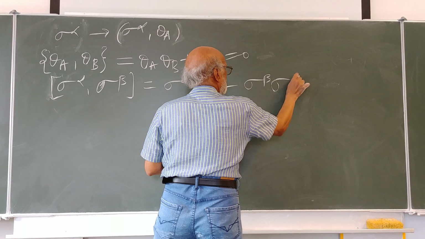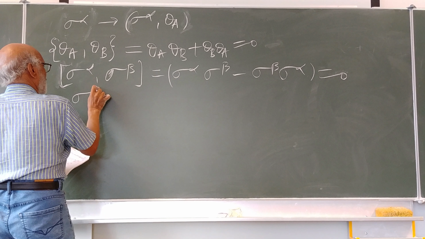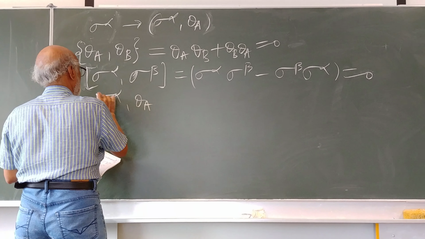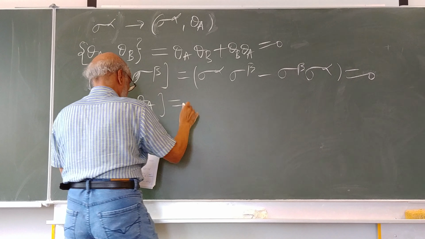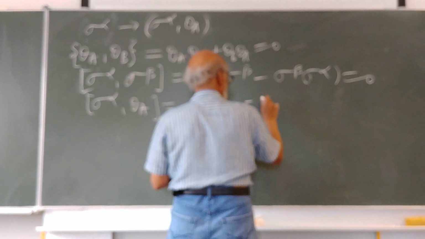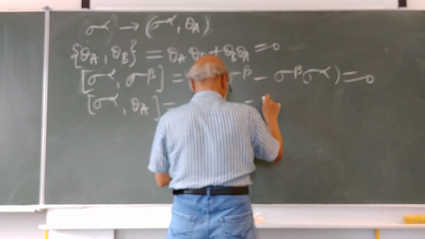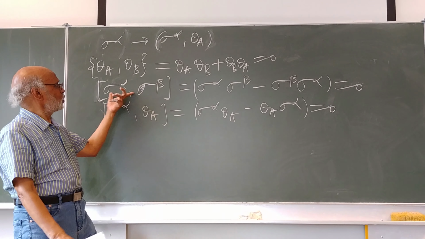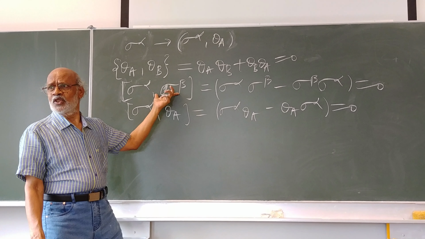They are like x in quantum mechanics, so the commutator of x with x would vanish. So sigma alpha and sigma beta would commute, and sigma is bosonic and theta is fermionic, so they also commute. But theta with theta anti-commutes. So this is the anti-commutative relation. If you like, you can write the anti-commutator.